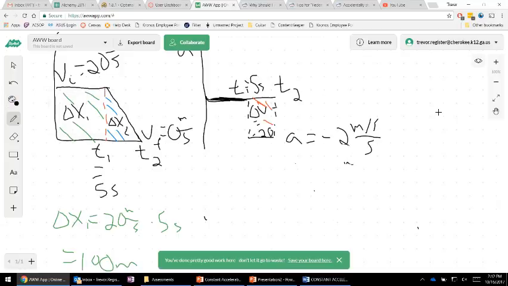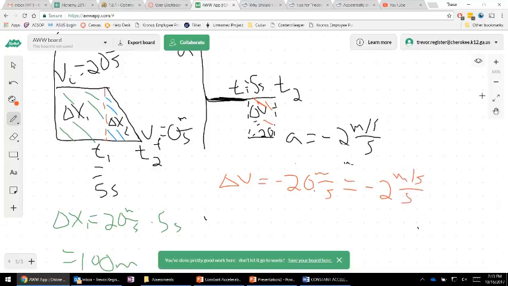I know that the area of the acceleration graph is the change in velocity. Okay? And since it's a rectangle, that area is base times height. Now I don't know what the base is, but I do know the height, which is my -2 meters per second per second.